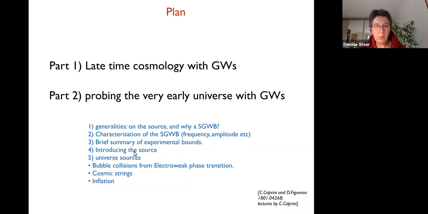Then in part 4, we'll introduce the source and do a simple calculation of the spectrum of the stochastic gravitational wave background. And then I'll talk in a bit more detail about these three different sources. So in particular, bubble collisions from the electroweak phase transition, cosmic strings, and inflation.